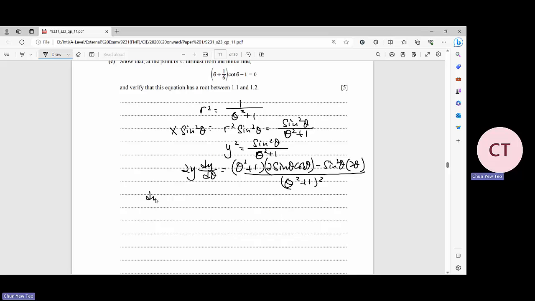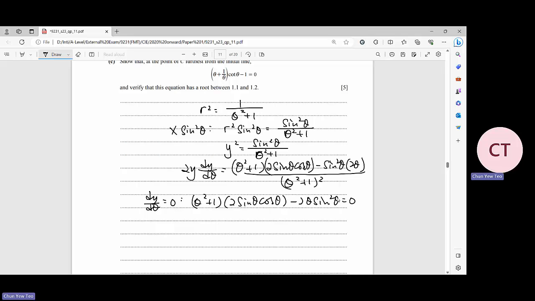For dy d theta equal to 0, I just need to focus on my numerator. You can forget about the denominator. Minus this, equal to 0.